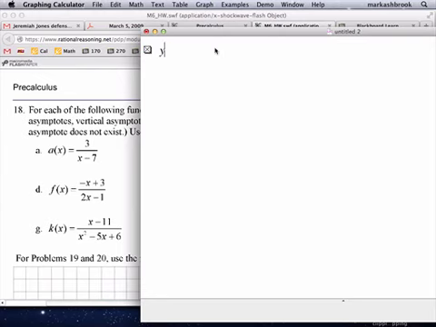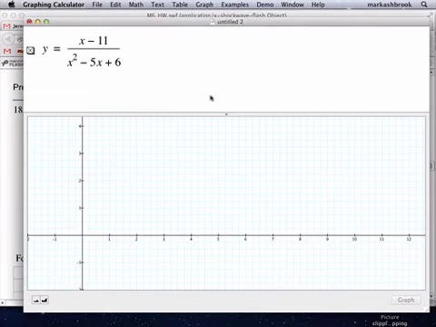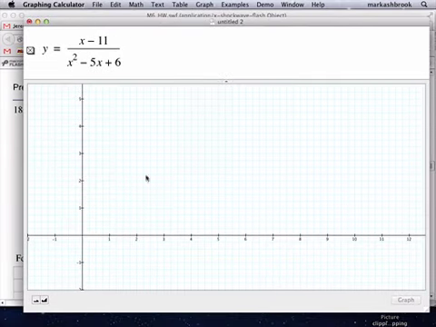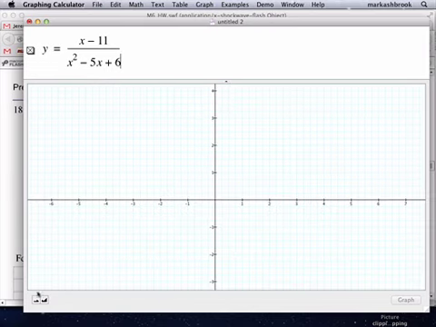So our function is x minus 11 over x squared minus 5x plus 6. Okay, so we want to go through the whole analysis. Let's see what we come up with here. Let's zoom out one time.